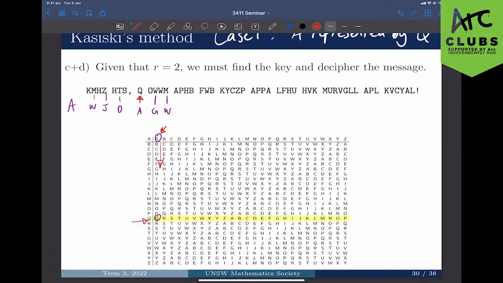So we try seeing what a bunch of these letters decodes to. So for M, the way we decode it here is that we see the second letter is M. So here we look at M and we go down this column until we go to our Caesar cipher.